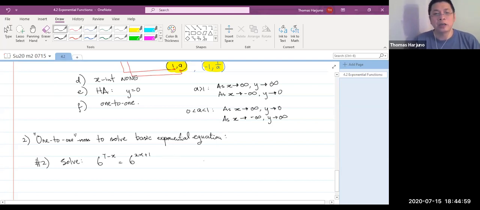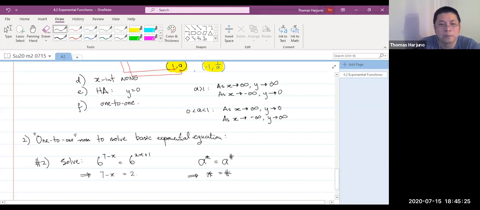Now, the idea is a to the blah equals a to the blah implies, if they have the same base, the blah equals blah. That's the idea of one-to-oneness. So 6 to blah equals 6 to blah implies the exponent has to be the same. So I will get 6 equals 3x, x equals 2.